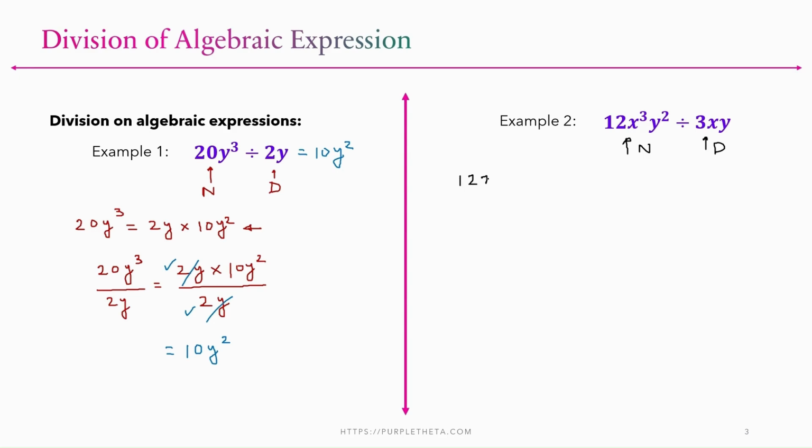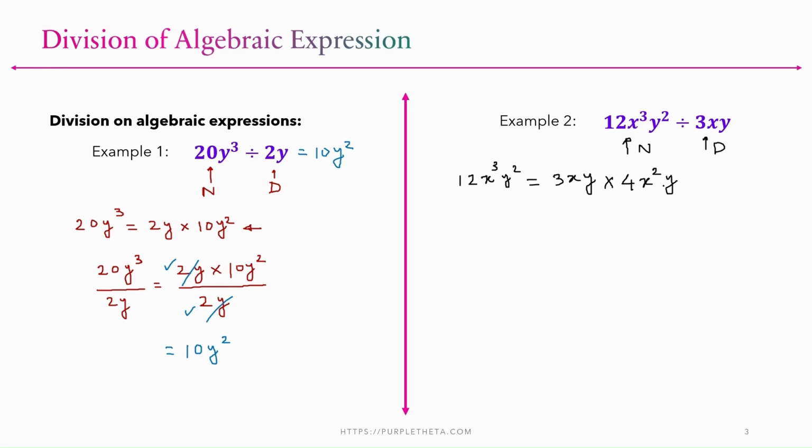Here 12x cube y square is equal to 3xy. I am separating out 3xy because we have 3xy in the denominator also. So 3xy from numerator and denominator will cancel each other, and what we'll get is the final answer, right? This is multiplied by 4x square y, right?